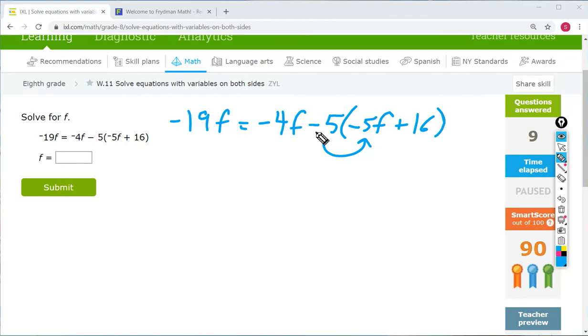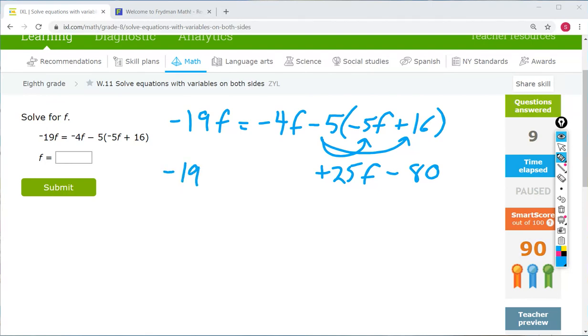It's technically a minus, but just treat it like a negative. So we have a negative 5 times negative 5 is positive 25f. And negative 5 times positive 16 is negative 80. Okay, negative times positive is negative. Everything else stays the same.